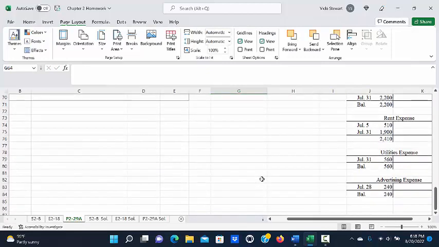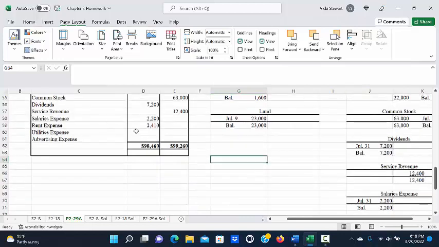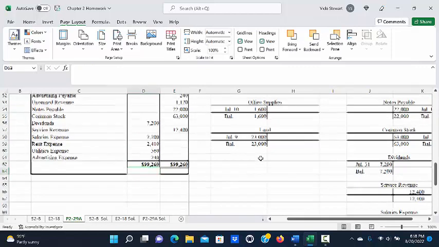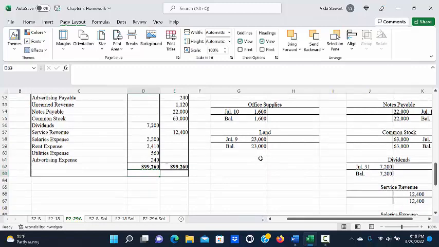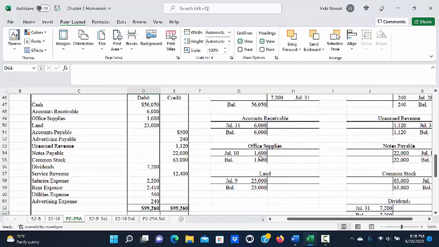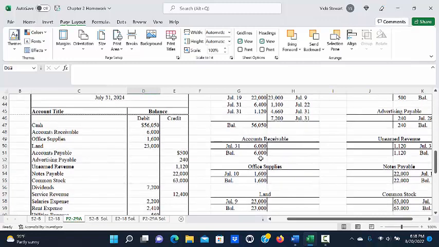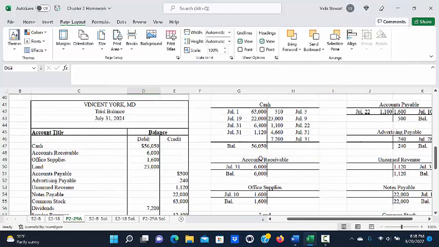Utilities is $560, and advertising is $240. And this is what we're looking for. We're looking for these debits and credits to equal. So that is how we check that we have actually posted our entries and added our accounts, gotten our balances correctly. Now, does that make all of your records correct?